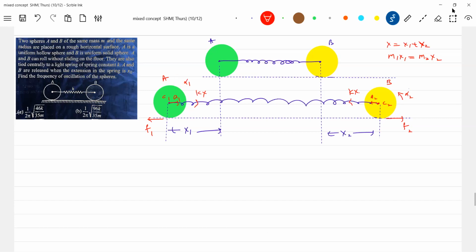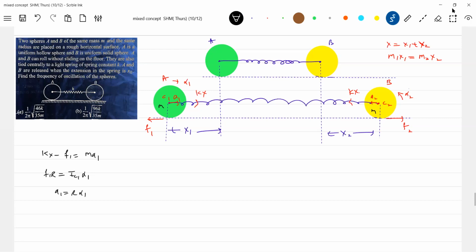Is that justified? Okay, let's see. I'll proceed like this. kx minus f1 equals m a1, the same mass, both are having the same mass. At the same time, f1 R is equal to IC1 alpha 1.